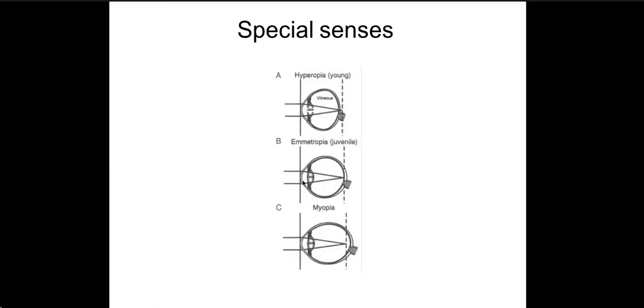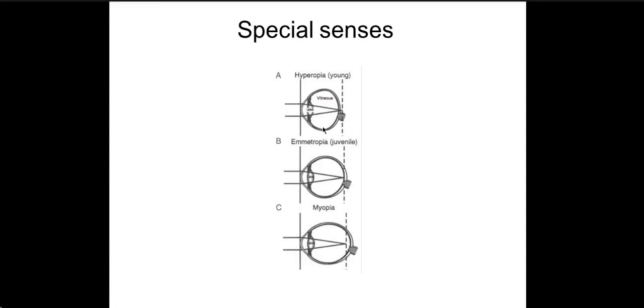Mainly the cornea, then aqueous humor, then lens, then vitreous humor, and here the refractive index is 1.33, here 1.33, here 1.33, and here 1.42. So there are different refractive media, and if we think that there is only one refractive medium, that is called the reduced eye of Listing. I repeat, that is called the reduced eye of Listing.